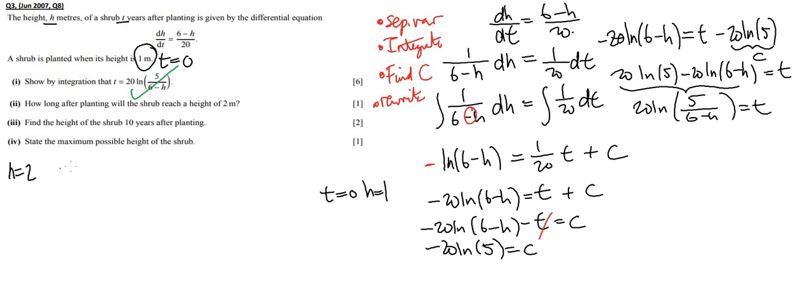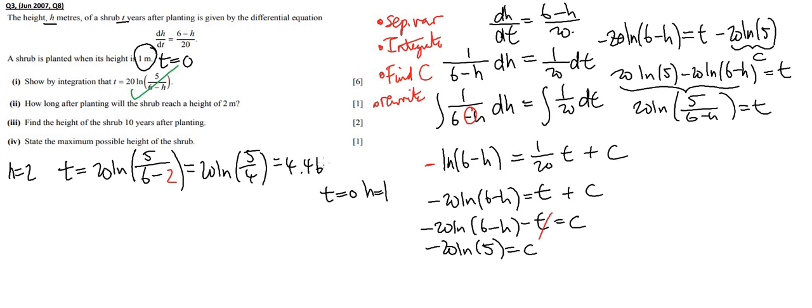So time is equal to 20 ln of 5 over (6 minus h), and h we said is 2, which is 20 ln of 5 over 4. On a calculator you get 4.462871, round to 3 significant figures, and that is part 2 taken care of.